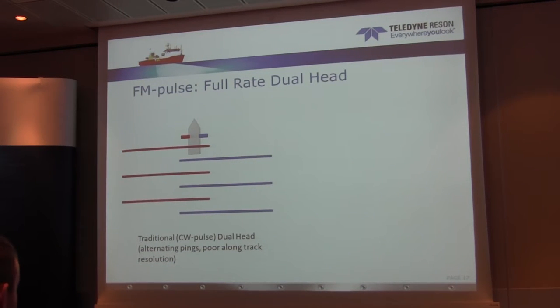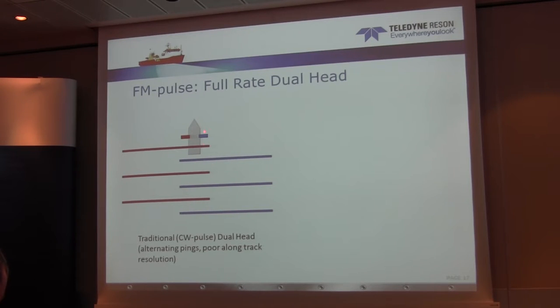The other use of the FM pulse is for full rate dual head. In your standard situation with the CW pulse, you have what we call the ping pong effect. One head pings, and then the other head has to wait until the first head finishes pinging and listening, receiving data, and then the other head can ping. So your along track resolution is basically halved.